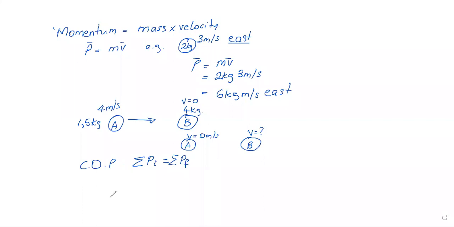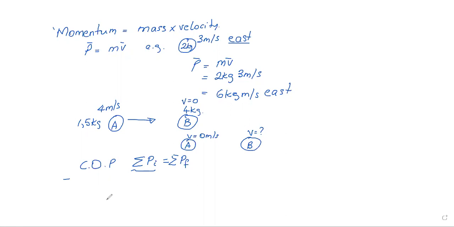So that's what we have. So we must get the sum of the initial momentum, one momentum, two momenta. So you need to get the sum of this.